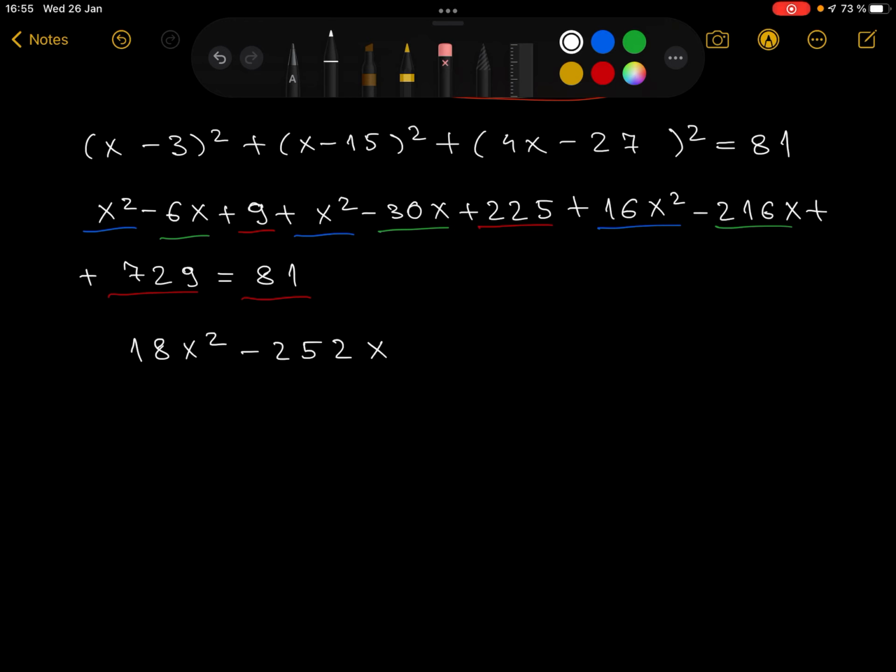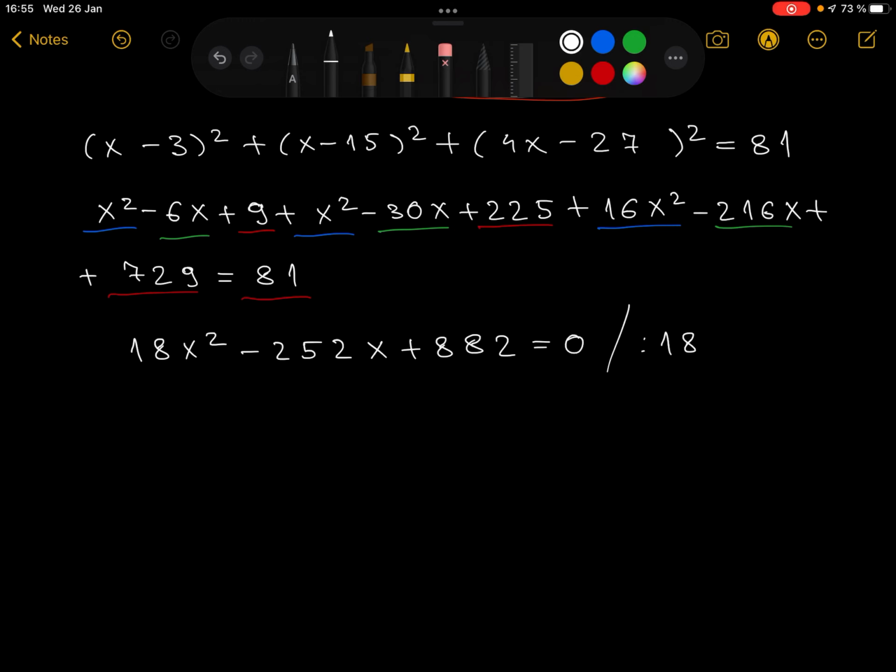And here we've got 9 plus 225 plus 729 minus 81, which is the same as plus 882, which is equal to 0.